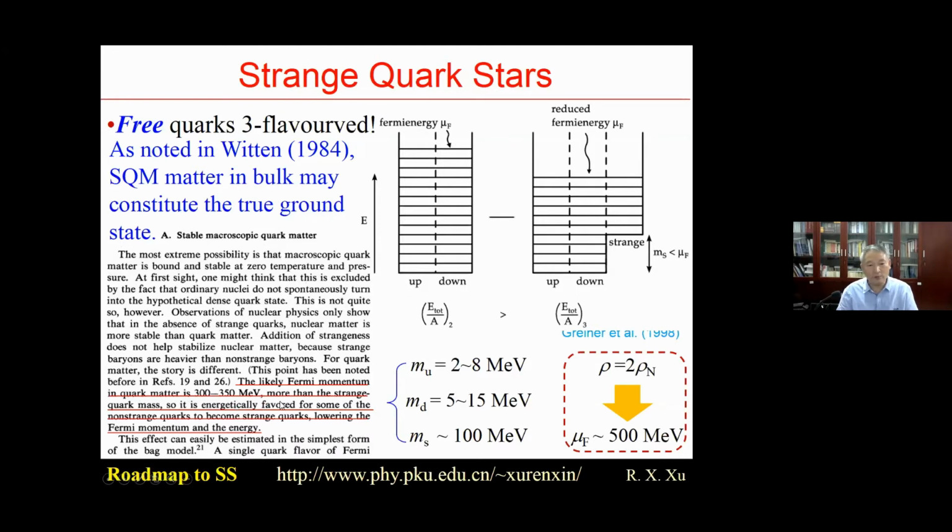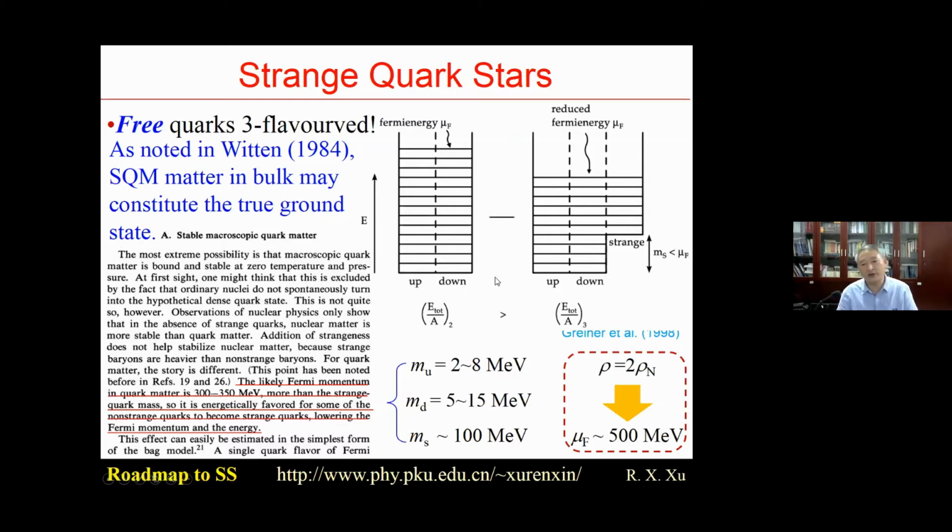So a few hundred MeV Fermi energy is more than the strange quark mass. So it could be energetically favorable for some of the non-strange quarks, u and d quarks, to become strange quarks, and eventually we have a lower energy of the system.